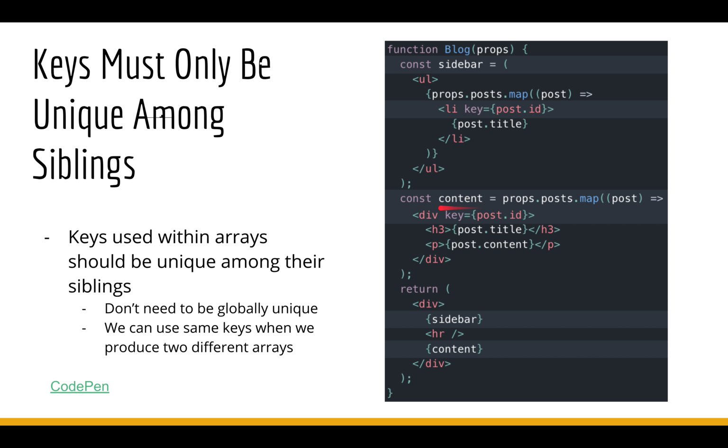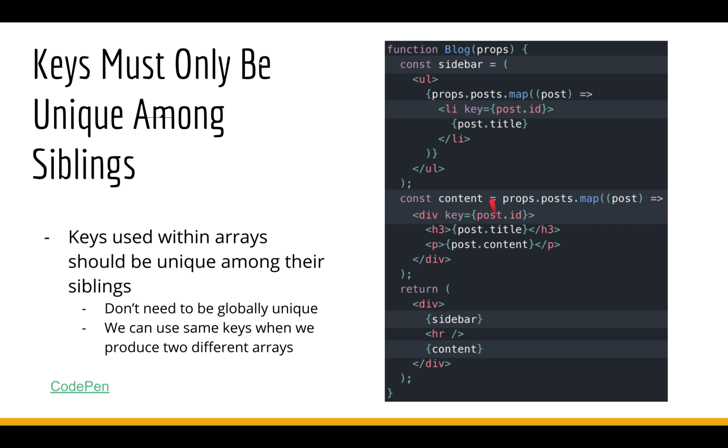One is here in the content, so this variable here is storing a list of divs with h3 and p tags. And then we have another thing here that's just a sidebar, and this is just LIs inside of an unordered list. And it's okay to use the same IDs. You see here we're both using post.id and post.id. So inside of content, we're going to have a list of divs that each have, sorry, they each have a key that's coming from post.id.